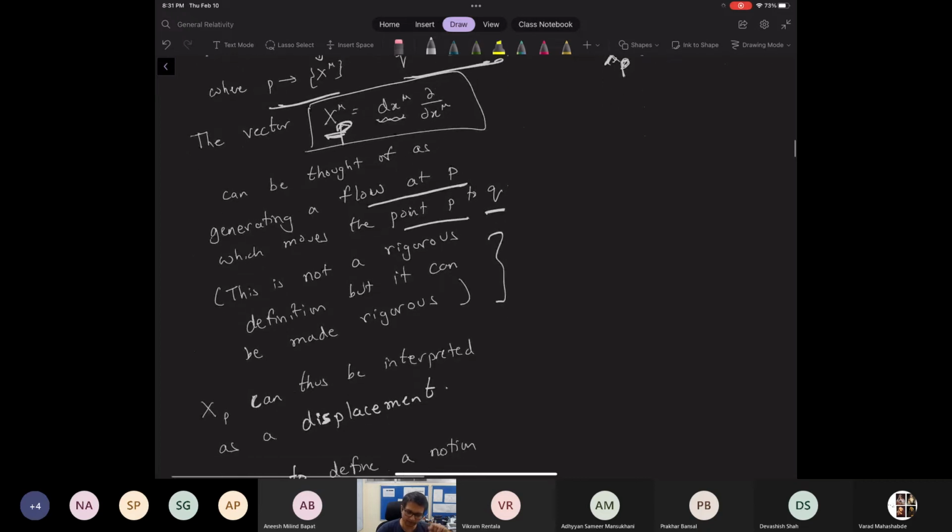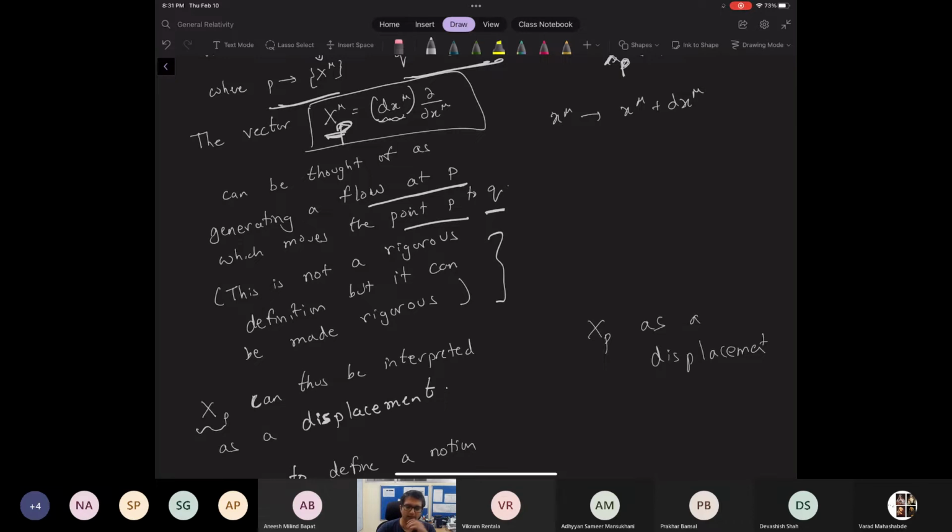Therefore you can interpret this vector xp as a displacement, in the sense that with this particular coefficient dx mu, it changes the coordinate to x mu plus dx mu.